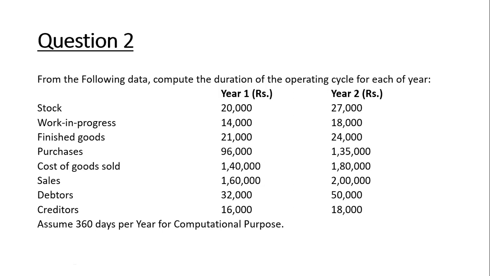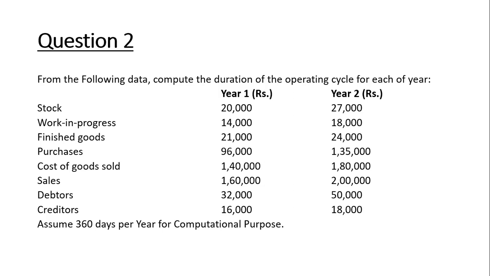For the following data, compute the operating cycle for each of the years. Stock: 20,000 first year, 27,000 second year. Work in progress: 14,000 and 18,000. Finished goods: 21,000, 24,000. Purchases: 96,000, 1,35,000. Cost of goods sold: 1,40,000, 1,80,000. Sales: 1,60,000 and 2 lakh. Debtors: 32,000, 50,000.